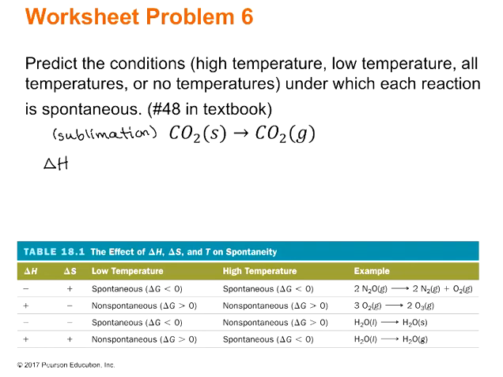So it is endothermic, right? We need heat in order for a solid to turn into a gas. So if this is an endothermic process, is delta H positive or negative? Positive, right? Because it's taking in heat. So that's greater than 0.